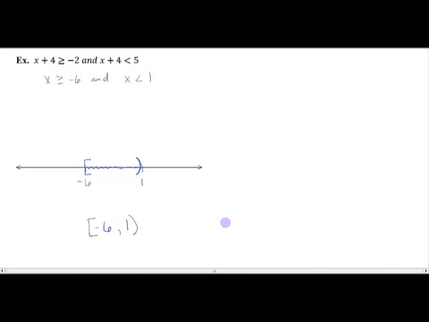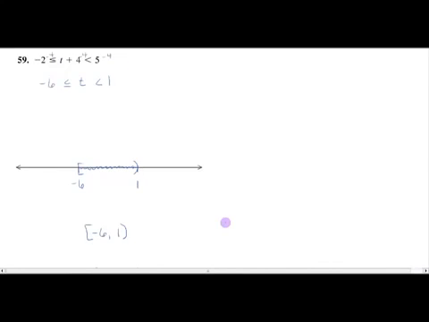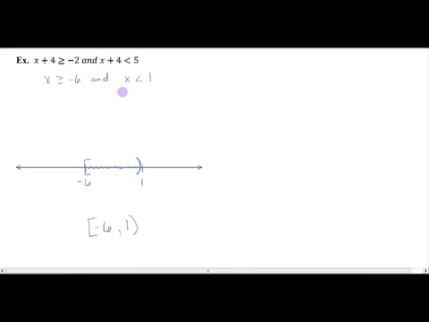Now I want to call to your attention the similarity between this problem and the previous problem. You notice that we end up with the same solution set. Remember at the beginning of the lecture that I had mentioned this three-part inequality is equivalent to a two-part inequality that has the and between them.